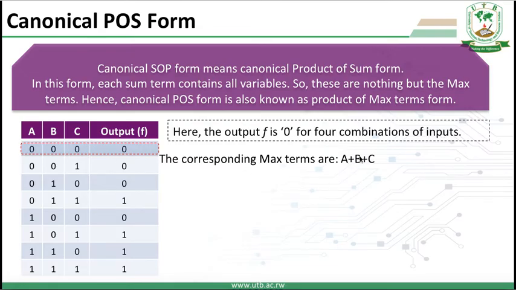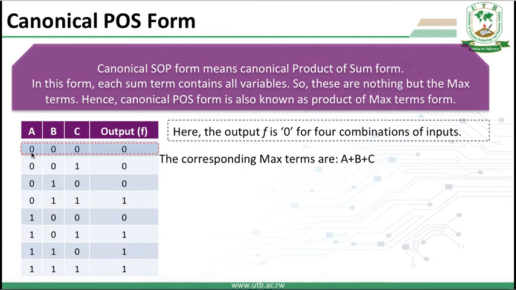It could be A plus B plus C. I repeat, because it is a product of sums, we are going to do the sum, that's why we use plus. In a max term, if the Boolean variable is 0, we write the variable itself, but in SOP, if the Boolean variable is 0, we write the complement.